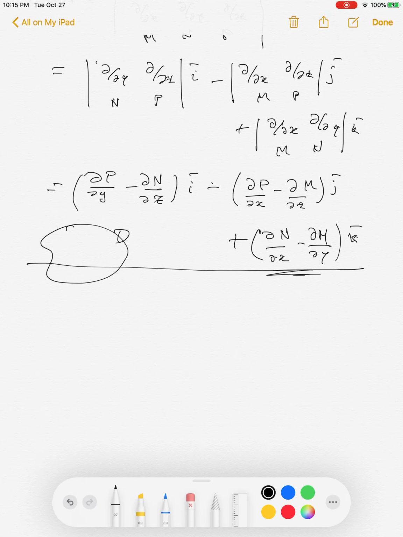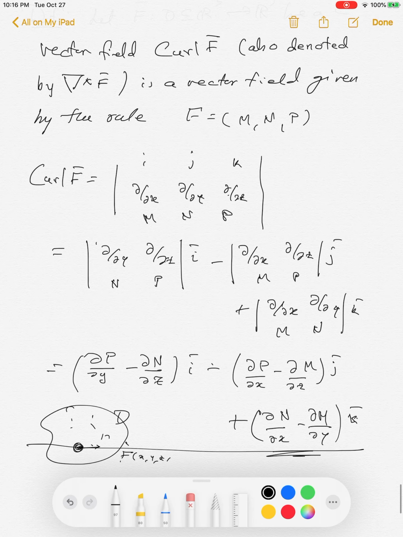So curl of a vector field, as I mentioned, has something to do with rotational motion. If you think of D as a set on which there is fluid, and the vector field f bar acts on the fluid particle at x, y, z, and so it's a turbulent fluid, then the curl of f bar measures the rotational motion in this fluid, which causes vortices. As you see in water rushing into a gutter during a rainstorm, there are these little whirlpools.